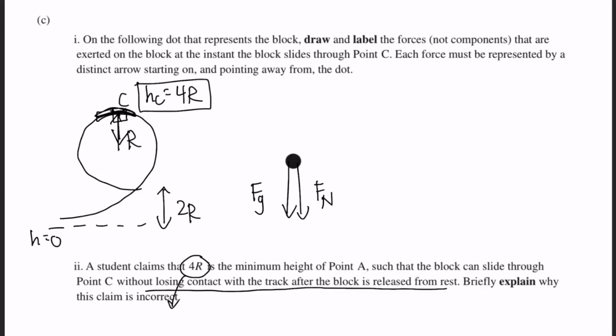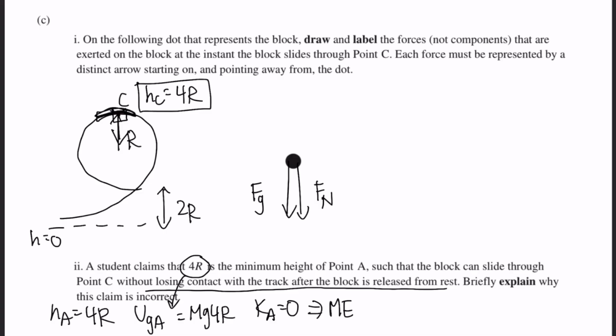If we set height A to 4r, then the gravitational potential energy at point A is equal to mg times 4r. And it has no kinetic energy at point A, so that tells us that the entire mechanical energy is just mg times 4r.